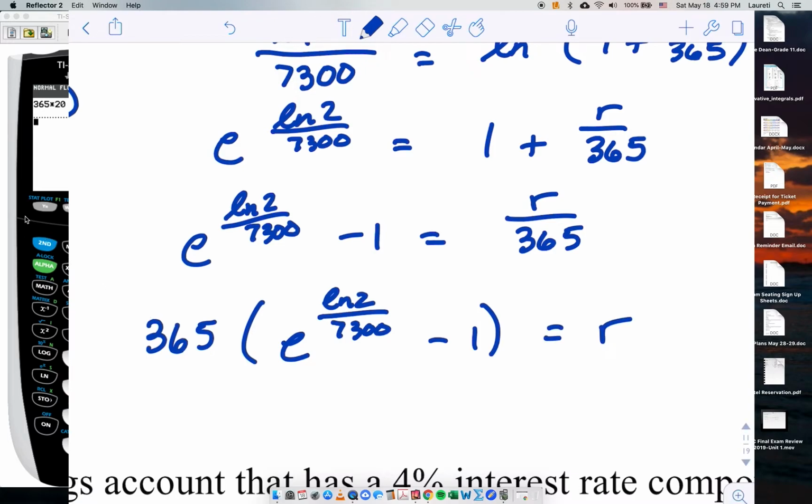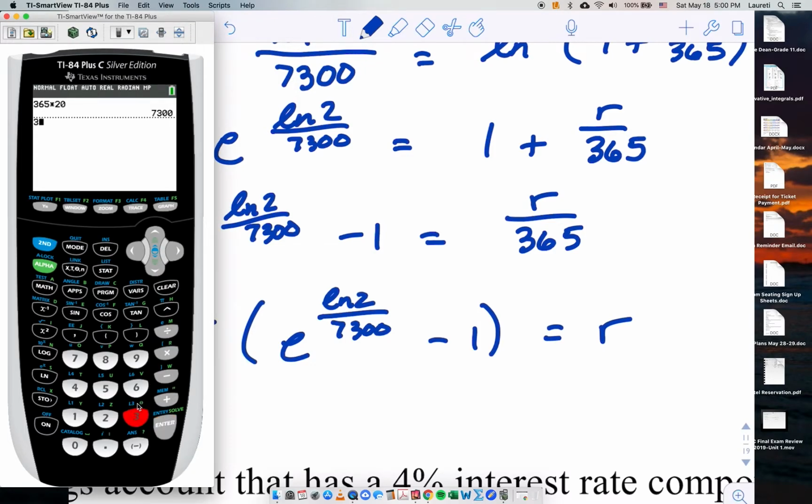That's when I plug it into my calculator. So 365, parentheses, E to the, in parentheses, ln of 2 divided by 7,300, minus 1.